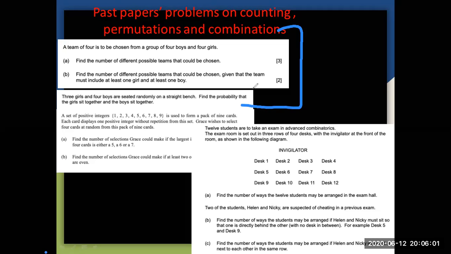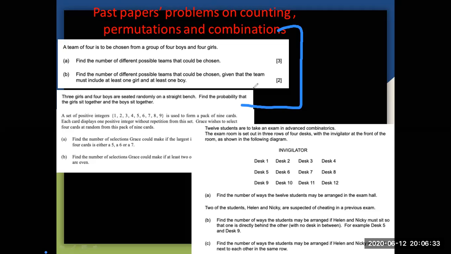Did you do 8 choose 4? No. Oh yeah, we can just do that. Yeah, that would work. I tried to do each different combination separately.